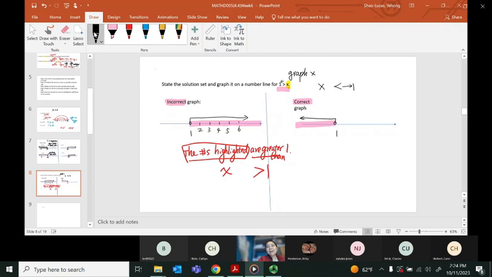So if you already determine 1 is bigger, that definitely means x is smaller. So when you write it, x is less than 1, okay? So that's why in the incorrect graph, the numbers you highlighted are bigger than 1. That's not what we're looking for. That's not what they ask you to graph. They ask you to graph the numbers less than 1, not bigger than 1.